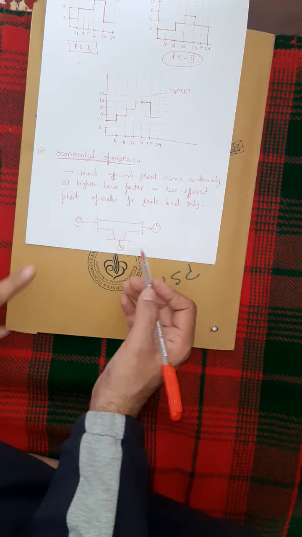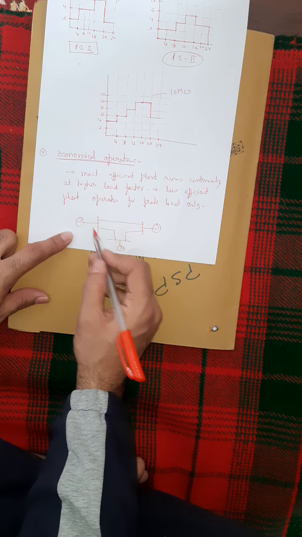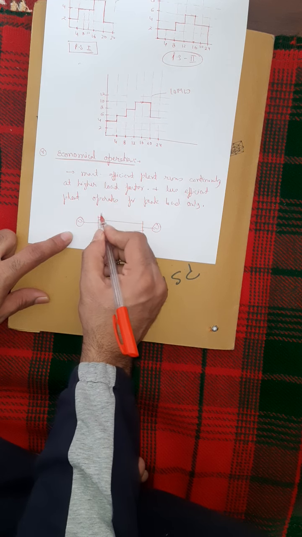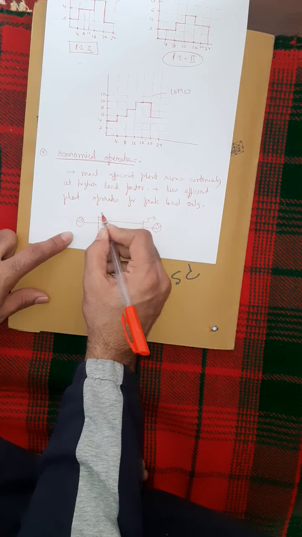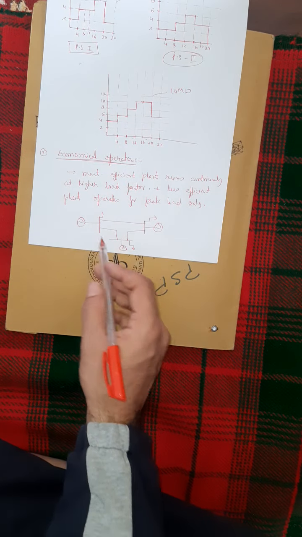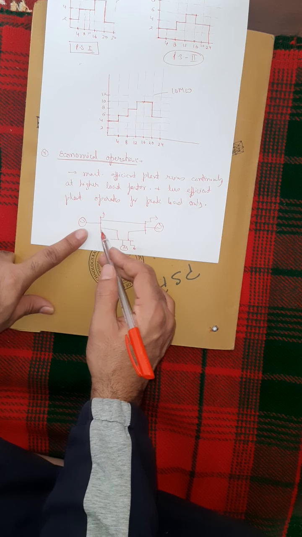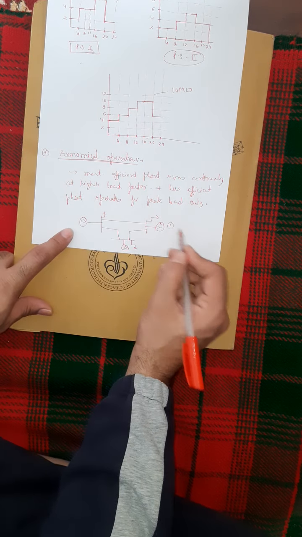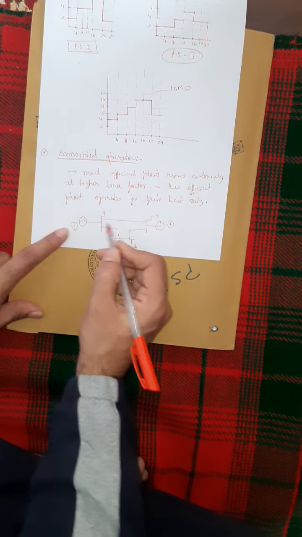Another way economy is achieved is by sharing load between the interconnected power stations. I have a load here, here, and here. Suppose plant one is the most efficient, two is less efficient, and three is the least efficient.